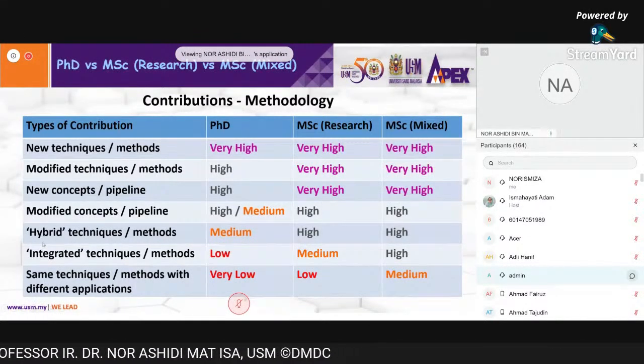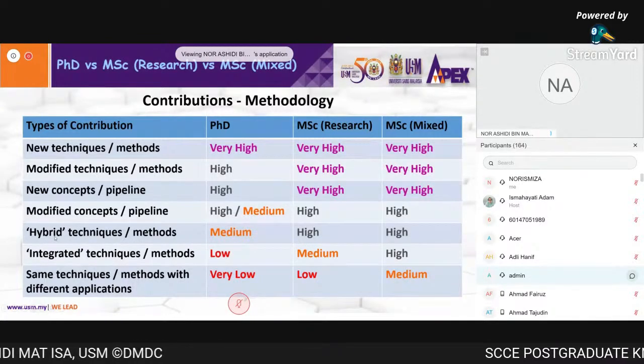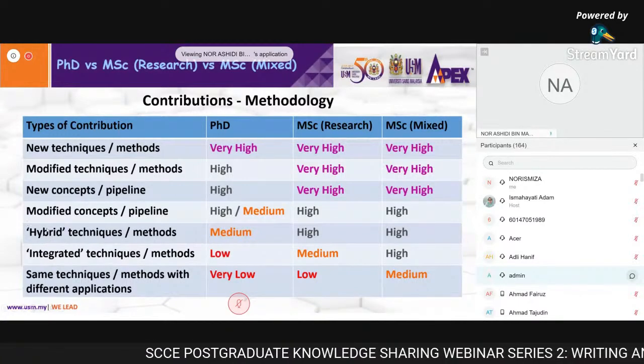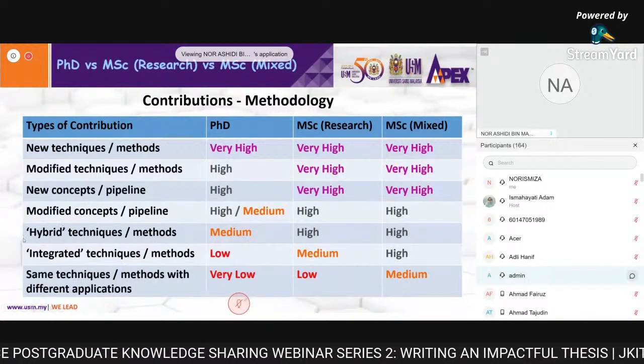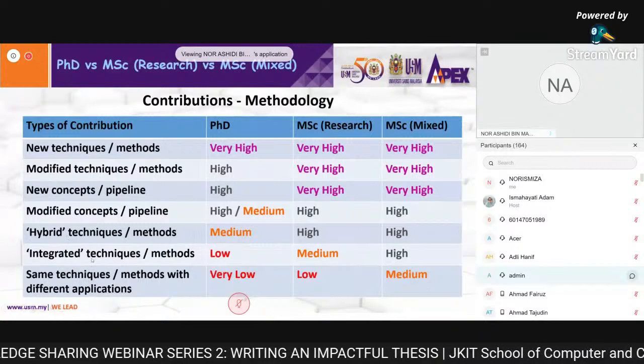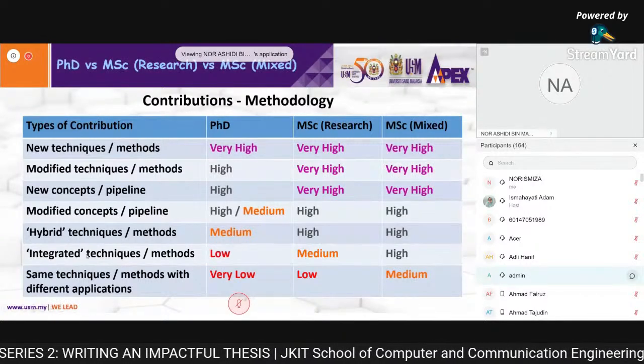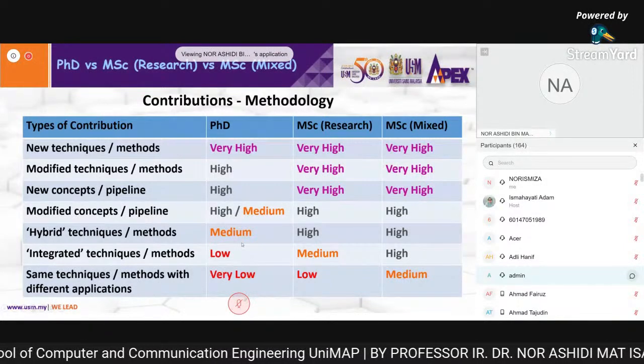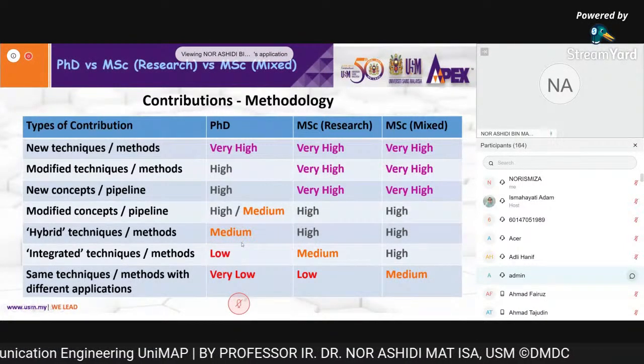And then another thing is hybrid and integrated. There is a difference between hybrid and integrated. For the PhD, integrated is low, hybrid is medium for me. What is the difference?